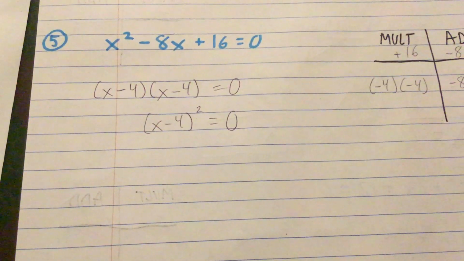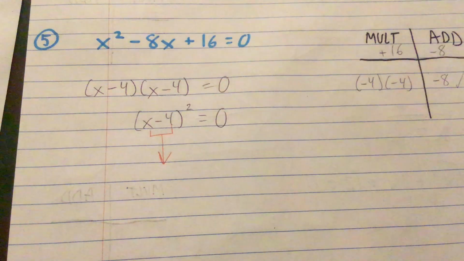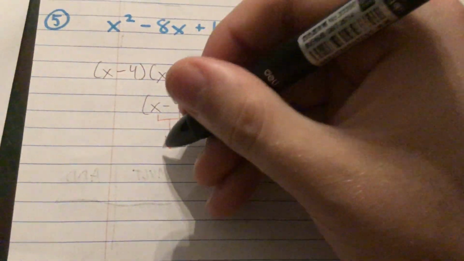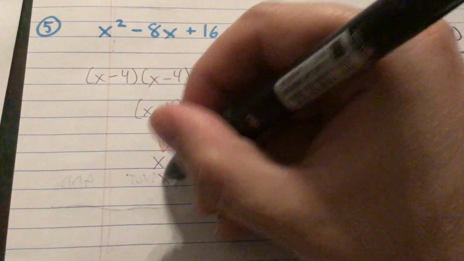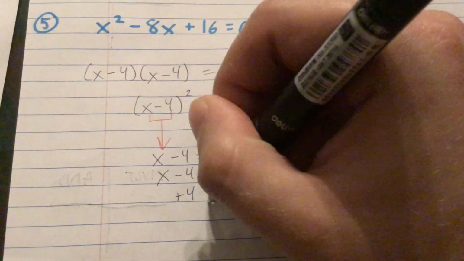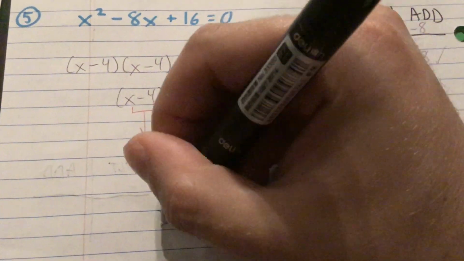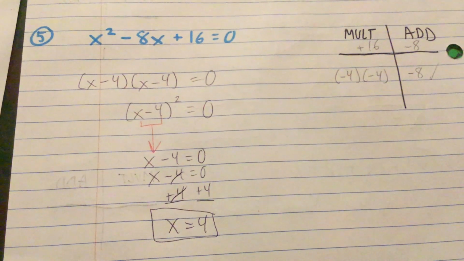There's really only one equation, and that is x minus 4 is equal to 0. To solve this, we need to add 4 on both sides. So in this case, there's only one solution, and that is x is equal to positive 4, and that's the only one.